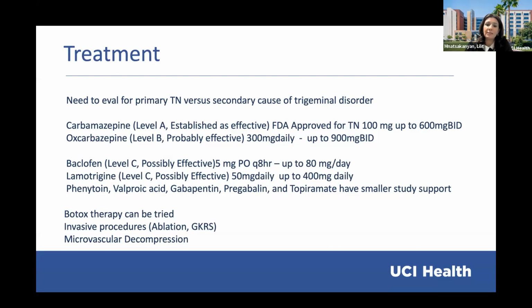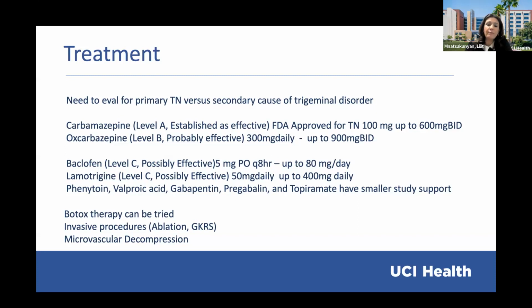That means it has established efficacy, followed by oxcarbazepine, that is level B, which is considered to be probably effective. And then there are many other medications that have level C, possibly effective, or undefined categories, mainly including baclofen, lamotrigine, and other anti-seizure medications such as phenytoin, valproic acid, gabapentin, pregabalin.